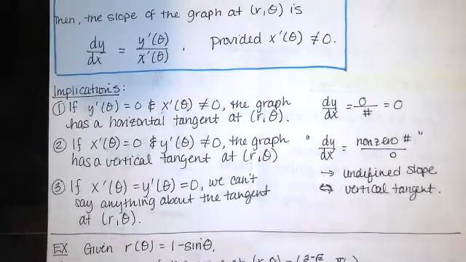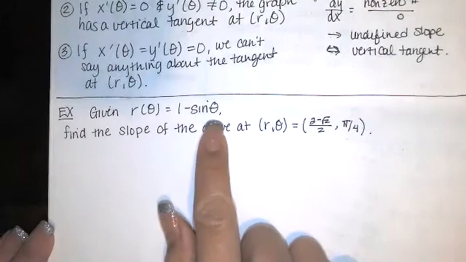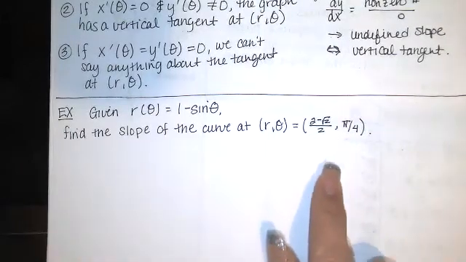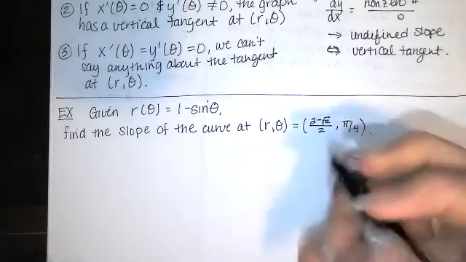Okay, so let's do this. We've got an r of theta, it's 1 minus sine of theta, and we want to find the slope of the curve at this location. So the first thing I'll do is I will find x and y in terms of theta.